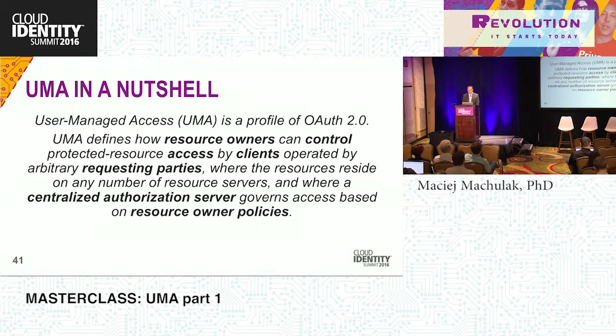UMA defines, and I think this is the best definition, how resource owners can control protected resource access by clients which are operated by arbitrary requesting parties, which are other individuals or corporations, where the resources reside on any number of resource servers, so they can be distributed, and where a centralized authorization server governs access based on the policies defined by the resource owner.